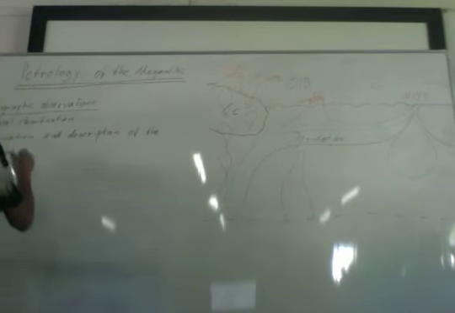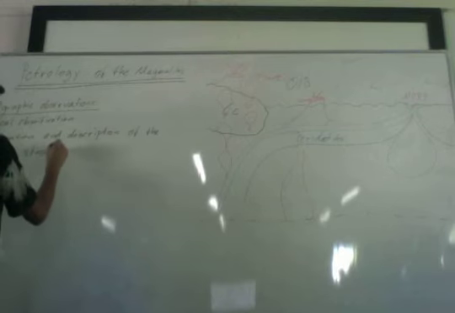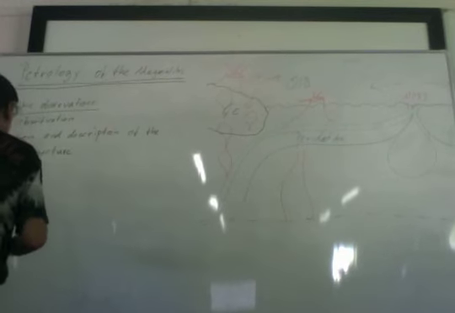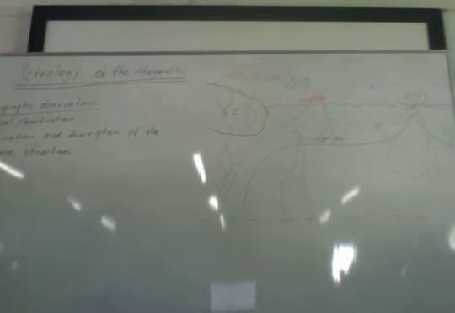Then you are describing the structure. That means if the rock is coarse-grained, if it is fine-grained, such things, or if it is fine-grained and you have some xenocrysts inside. Then you are describing the composition.